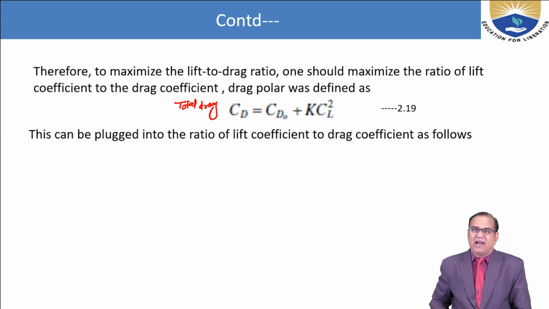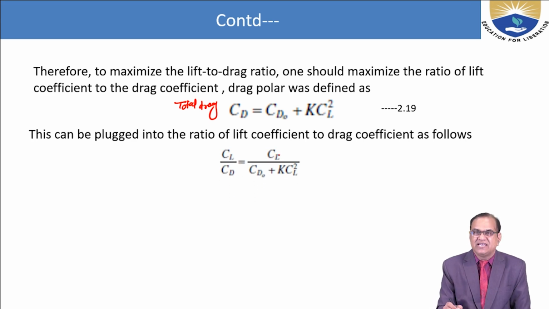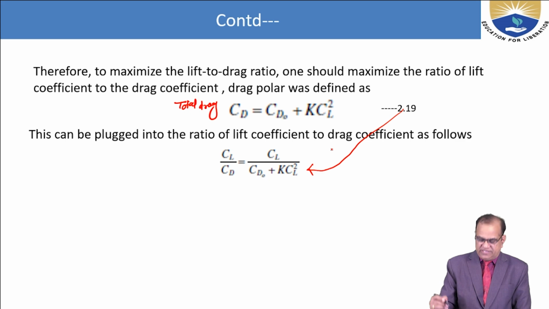This can be plugged into the ratio of the lift coefficient to the drag coefficient in the previous equation. So for CL by CD, for the CD we can write CD naught plus K CL square. So in this, from equation 2.19, we have put this value for CD.